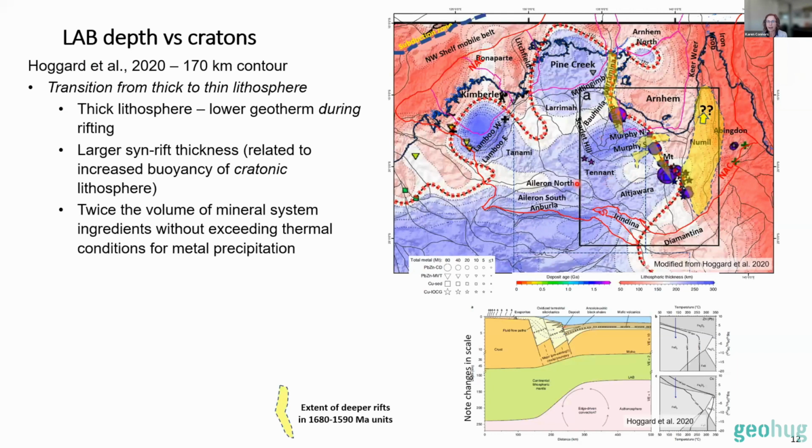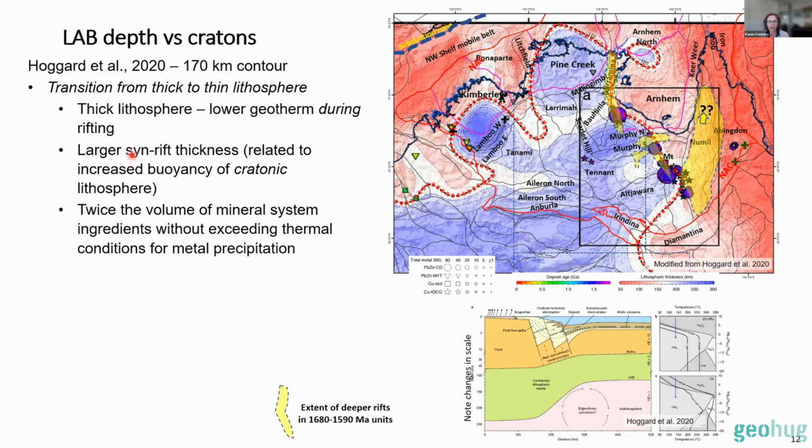Now, looking at the LAB depth model from Hoggard and colleagues at GA, they highlighted the 170-kilometer depth contour of the lithosphere-asthenosphere boundary, and they observed the relationship between that contour and a lot of the mineralization, especially the base metal mineralization.